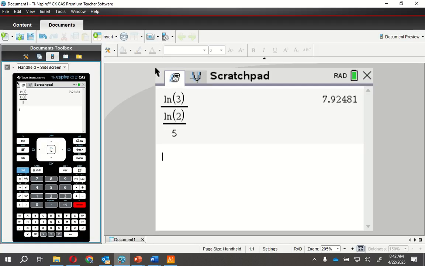So, we have negative ln of 5, divided by negative ln 2 over 5730.